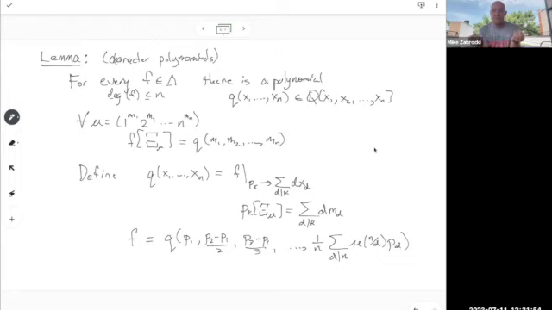So these things have existed in the literature a long time. What we're doing here is that we make this connection between these two ways of evaluating characters.